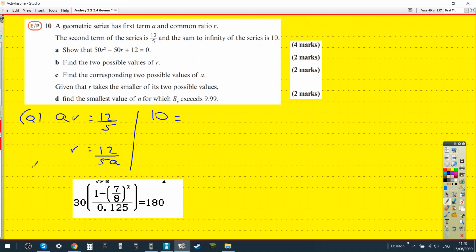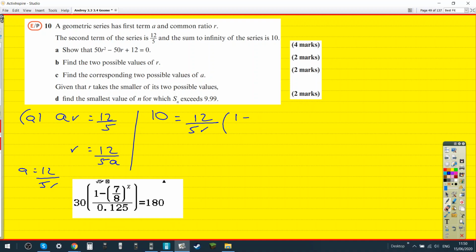So 12 over 5R divided by 1 minus... Is it not A over 1 minus R here?